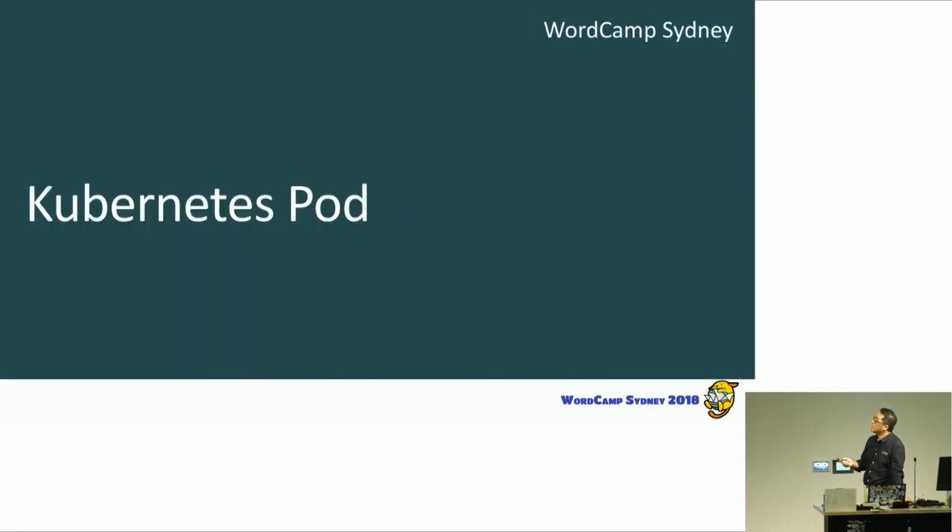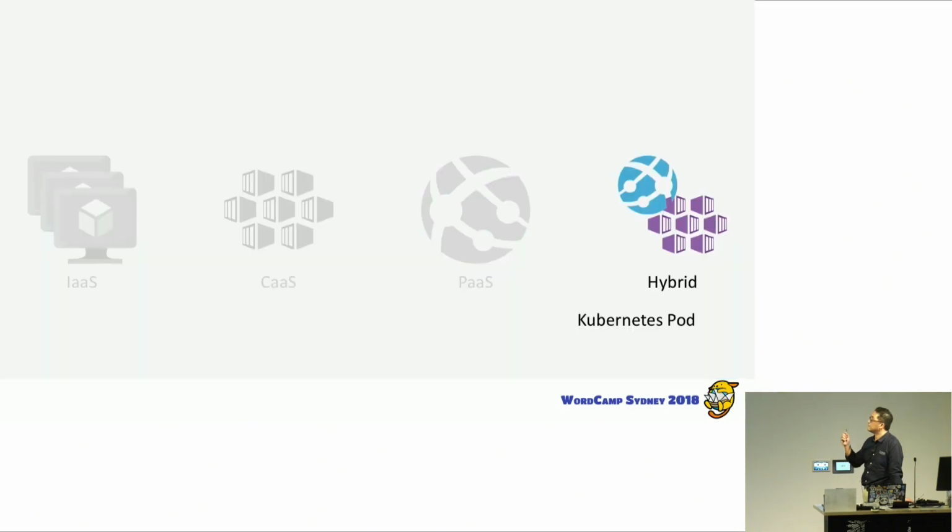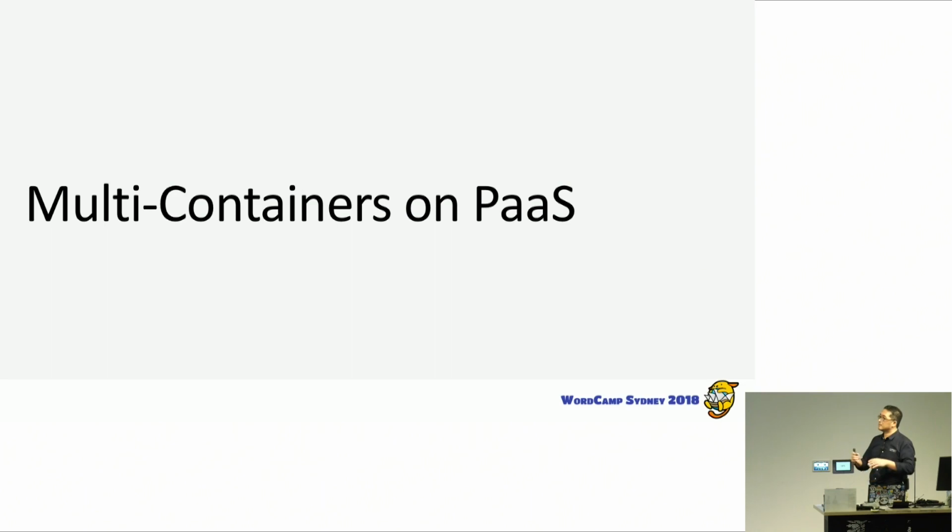Now, there is another type of multiple container scenario. We can use the Kubernetes pod file. Unlike the Docker Compose, we can also use Kubernetes pod. So the basic idea is the same as the Docker Compose. It uses the multi-container support, but the file format is different.